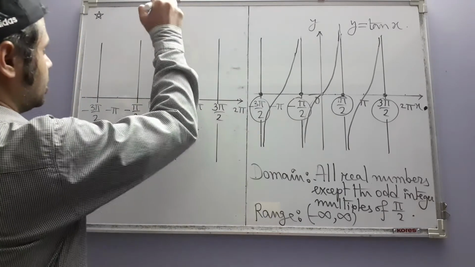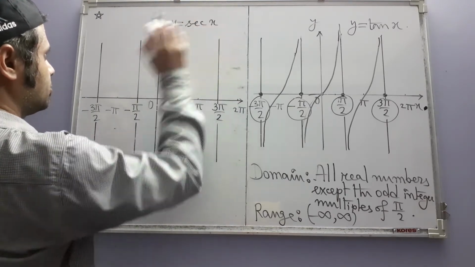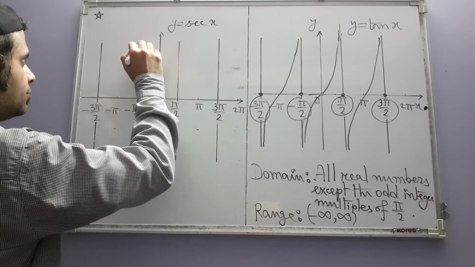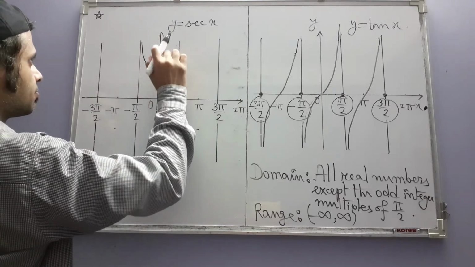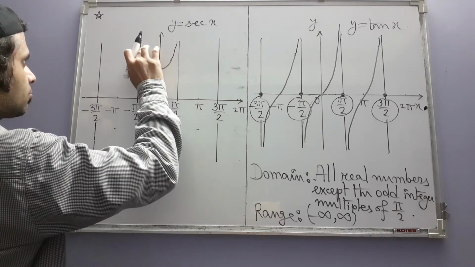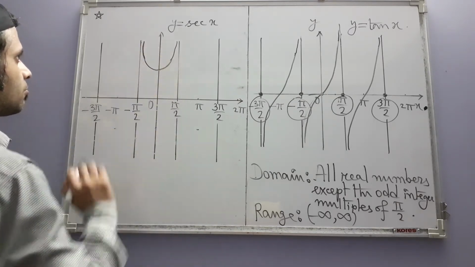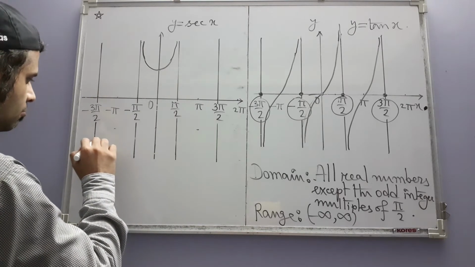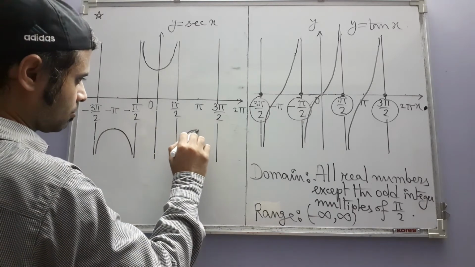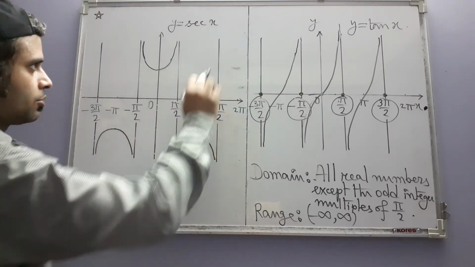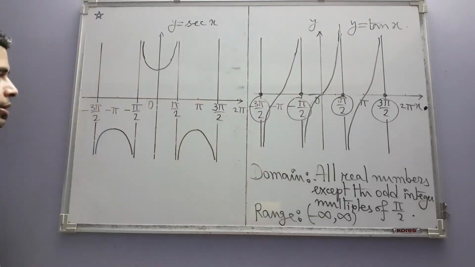The graph of secant x is also broken like that of tan x, and the individual portions look like this. On that side again you have like this, these things alternate.